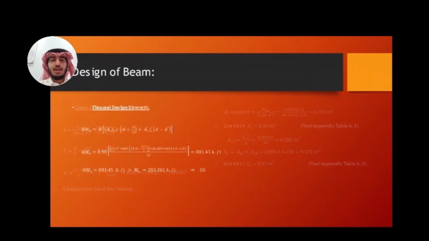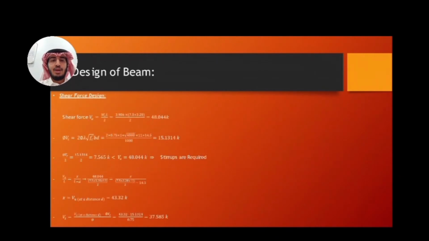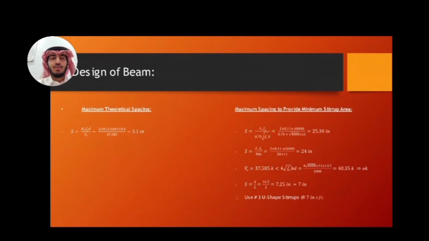Then we have the shear force design, which is equal Vu. After finding the shear force, we find the maximum spacing provided to minimum stirrups area. We provide the 3 rules for the spacing and see which one of them is smaller.